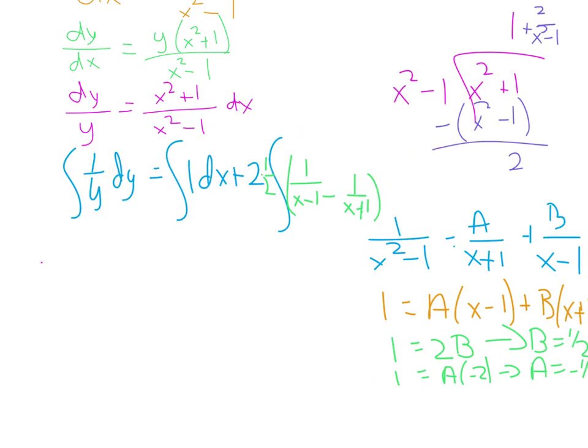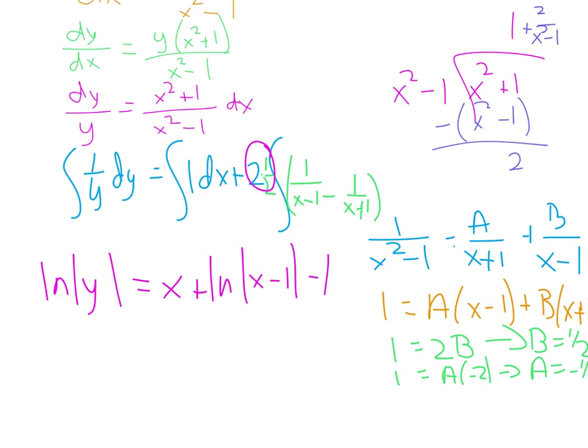So on the left side, we're going to have the natural log of y equals x plus, so that's just 1, natural log of x minus 1 minus the natural log of x plus 1. And now we're going to e both sides.